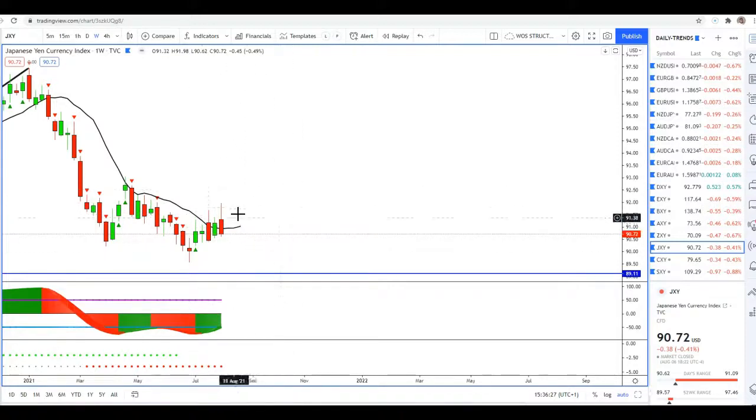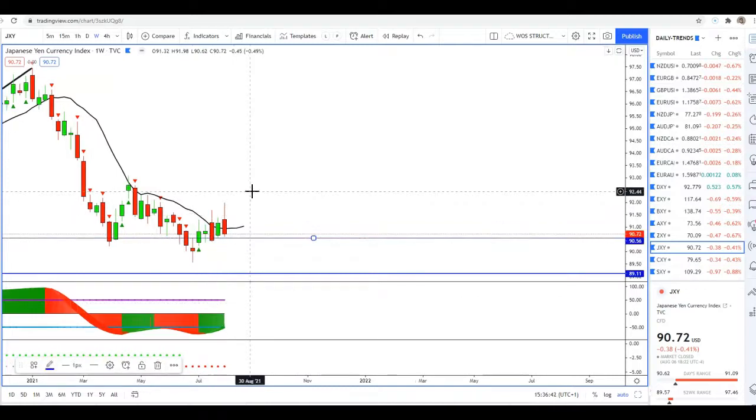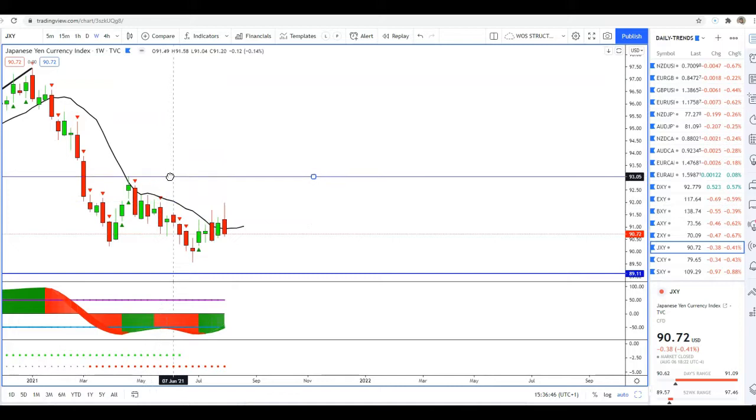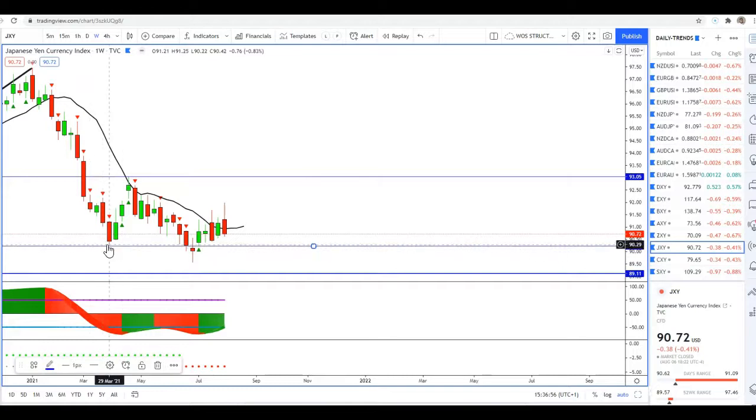So look at that. This is an inside candle. We broke higher. We came back. We haven't come below it. This is actually interesting. So that's the daily structure, because that's a lower high that made a lower low. But price came above this lower low.